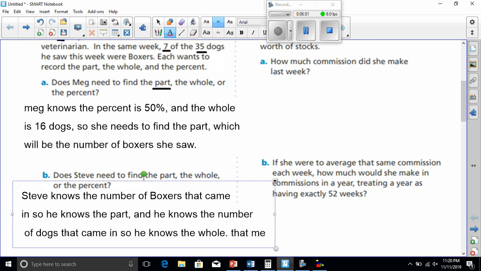That means he needs to find the percent.